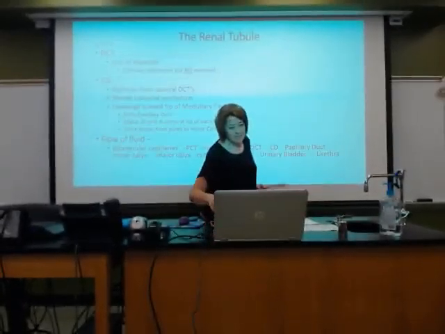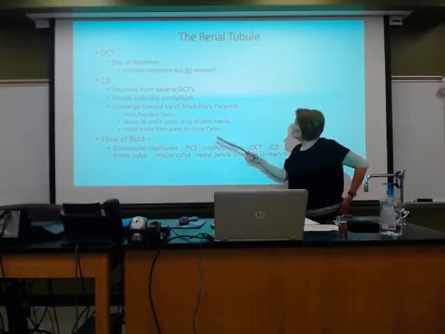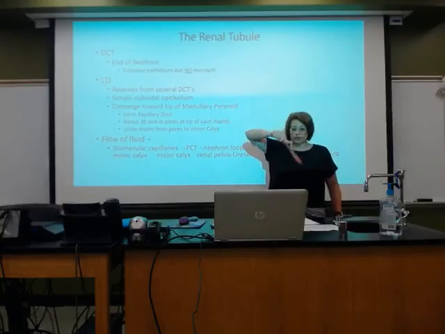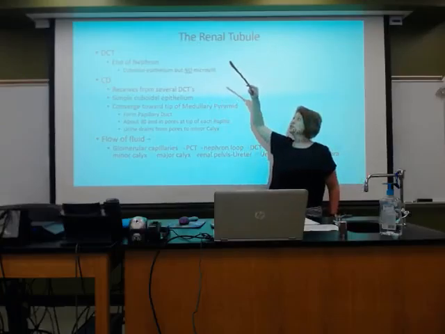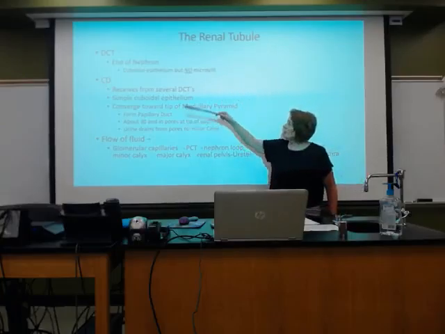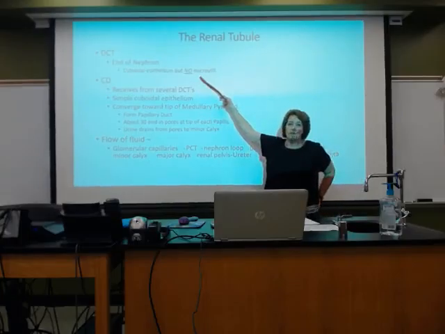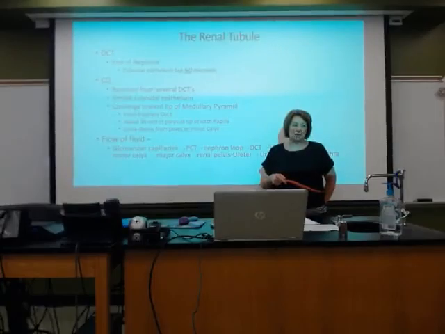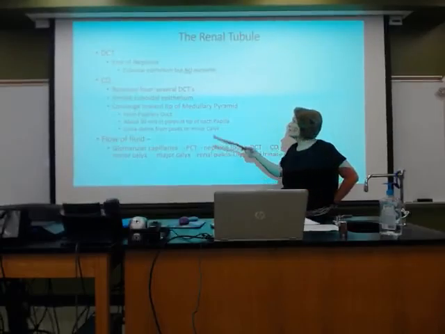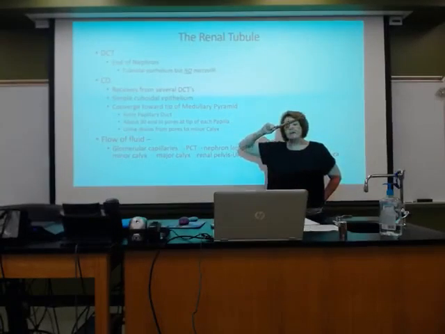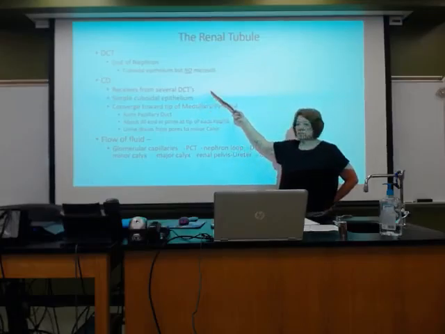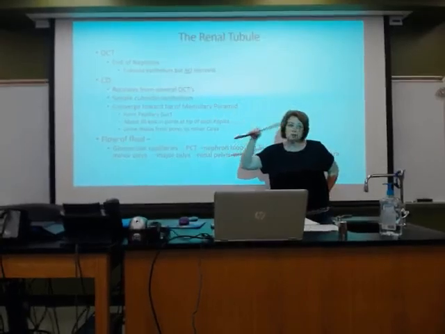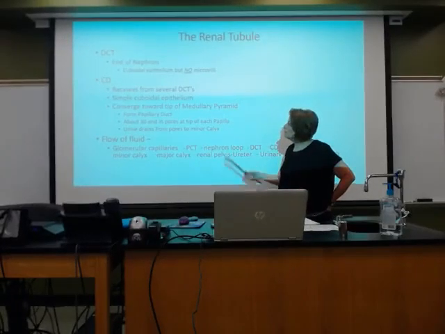The DCT, after we've gone through the PCT, around the loop, up to the DCT, cuboidal epithelium, but we don't have any microvilli on those. The collecting duct, if you remember, we're receiving from several nephrons, okay?